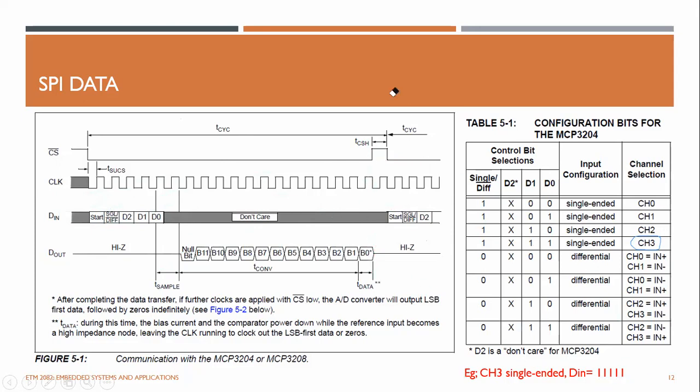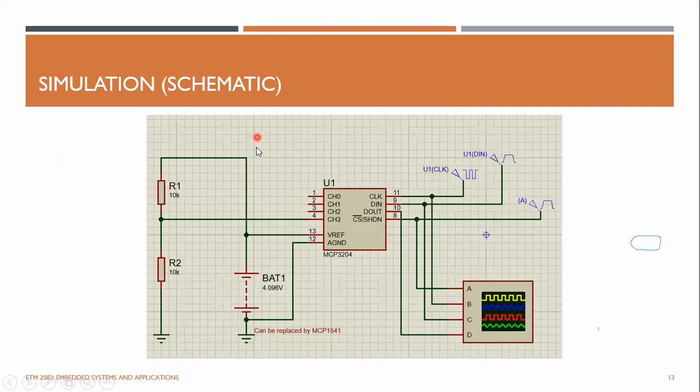Right. Now we can have one simulation example. You can see I have used the MCP3204, and I'm using a battery of 4.096 as the reference voltage. This battery could be replaced with a real-world device like the analog reference MCP1541.